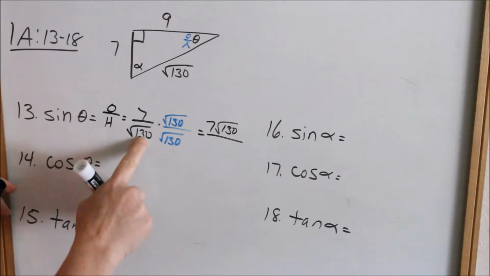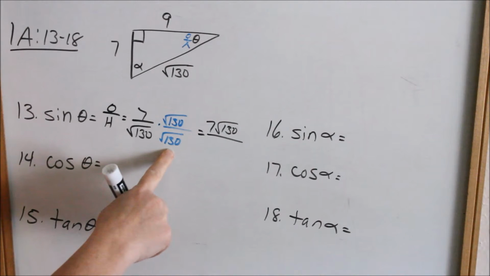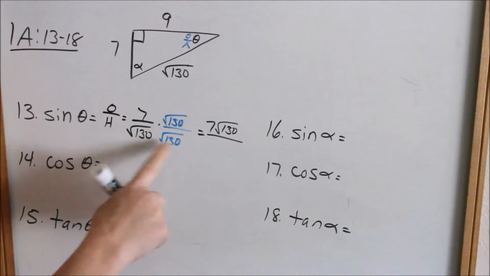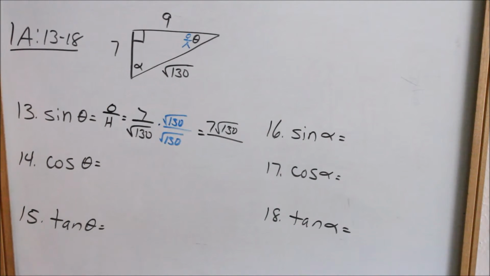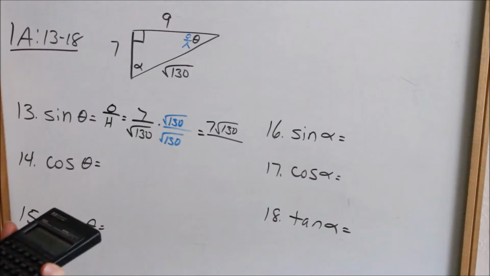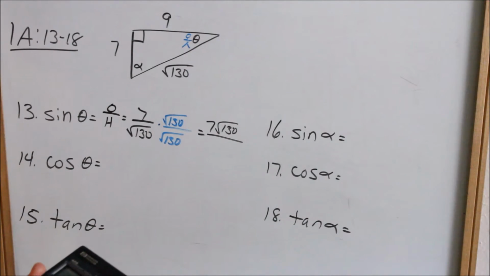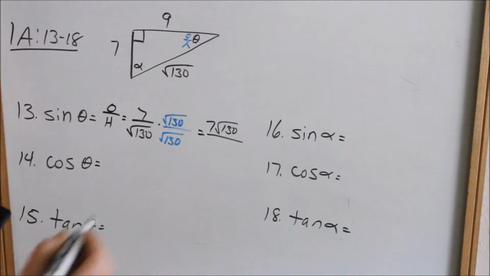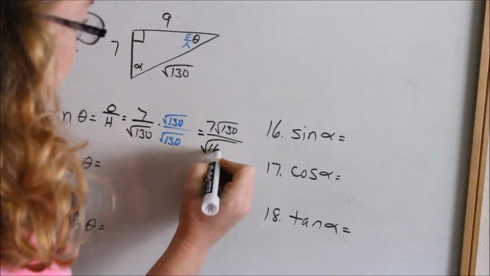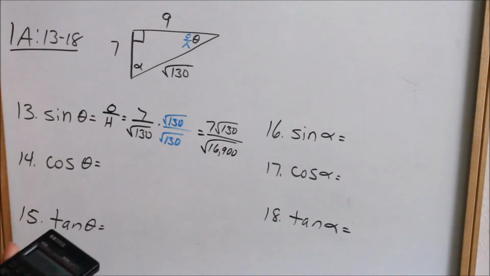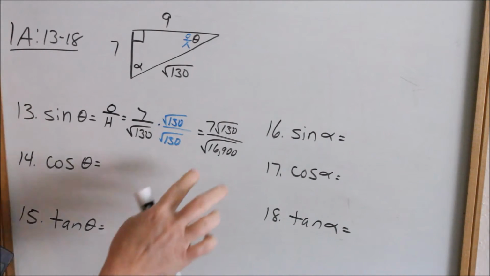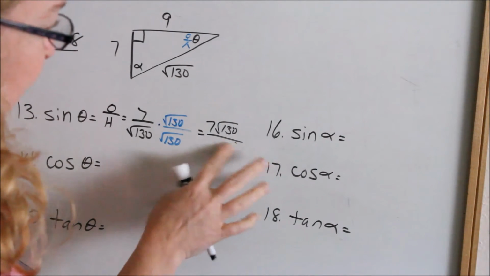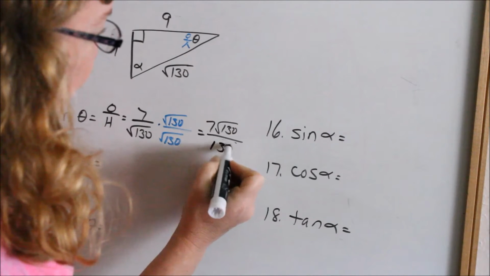The square root of 130 times the square root of 130, anytime you multiply a radical by itself, the radical cancels. Because truly what that will turn out to be is the square root of 130 times 130, which is the square root of 16,900, and the square root of 16,900 is just 130.